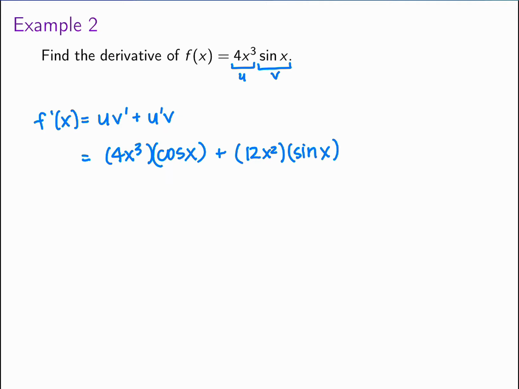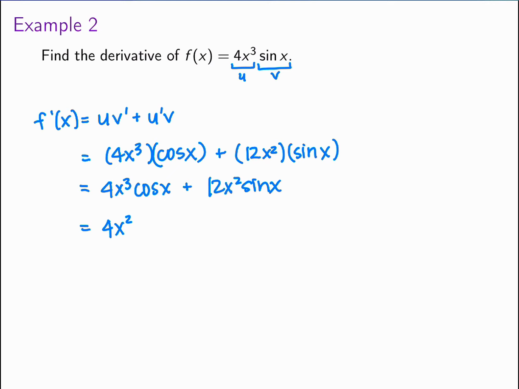And now this is an okay way to leave it. You don't necessarily have to have all those parentheses. You can do 4x cubed cosine x plus 12x squared sine x. That's fine. Just a preview of coming attractions. Later on, we're going to need to simplify things, factor them out to use them. So it may be helpful to start practicing factoring out something common to both terms.